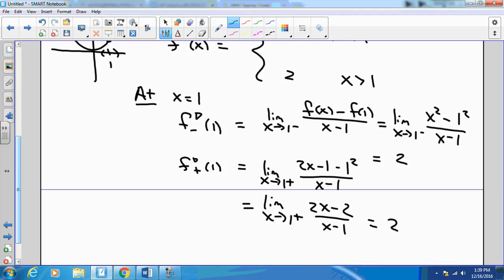What conclusion can I draw, since f prime from the left at 1 and f prime from the right at 1 are the same value? What can I conclude from the fact that the derivative from the left at 1 and the derivative from the right at 1 are the same value?